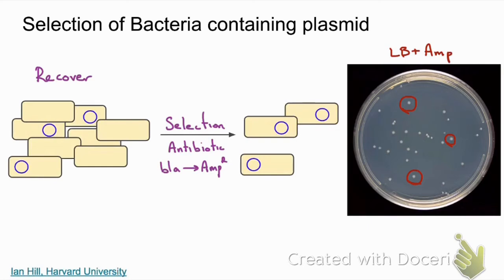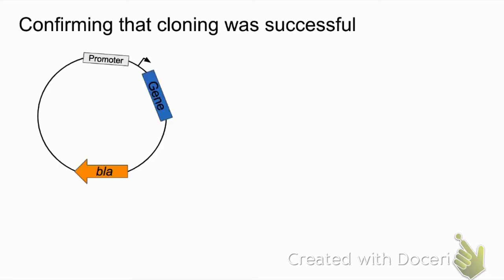However, we do not yet know whether that plasmid does contain the gene that we want it to contain, for example, the insulin gene, going back to our last lecture, or whether the sequence of that gene is even correct. And that's where we need to follow up with additional experiments to confirm that these transformed bacterial cells are indeed going to express the gene that we want them to express.